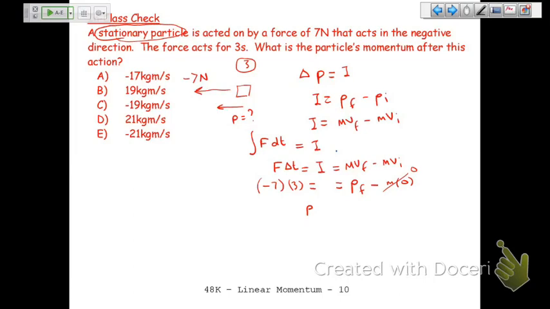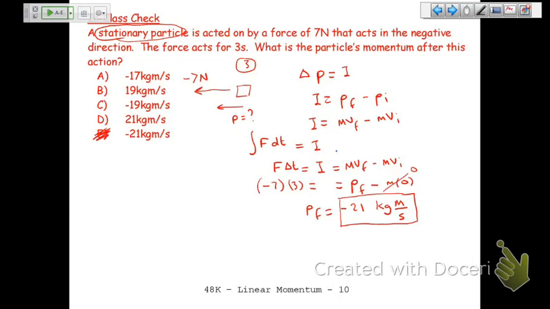And what's the unit going to be for momentum? Well, it's going to be mass times velocity. So kilogram meters per second. So minus 21, not 21, but minus 21 kilogram meters per second.